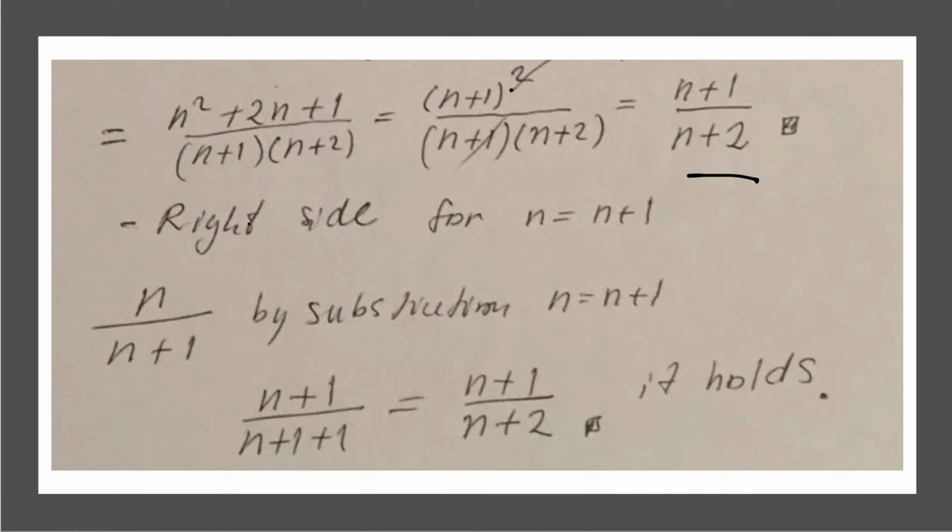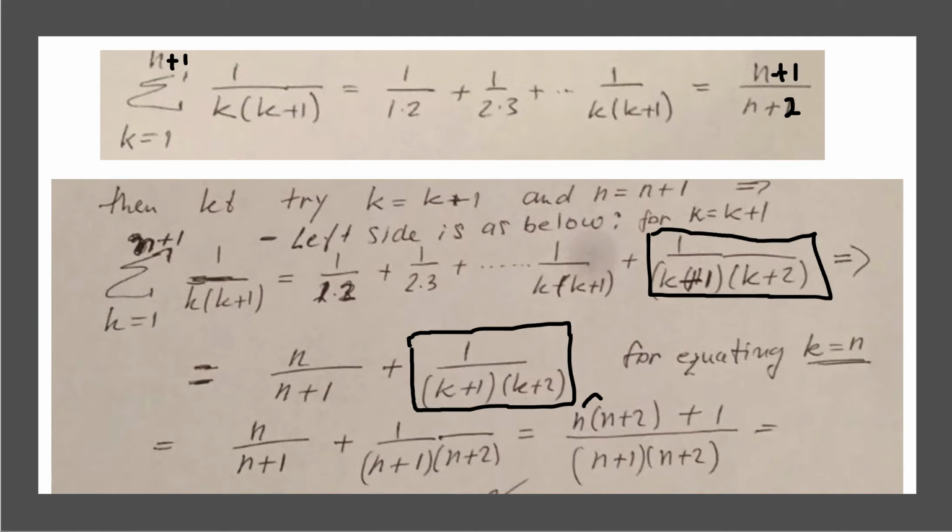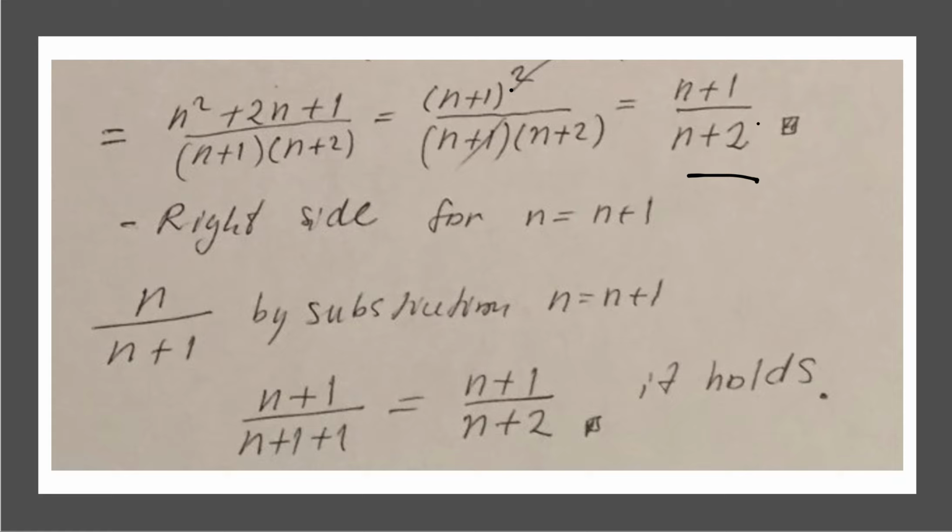When we looked at the formula with n plus 1 plugged in, we got n plus 1 over n plus 2. And here we are proving, applying n equal to n plus 1 and k equal to k plus 1 by induction, that we already get this side.